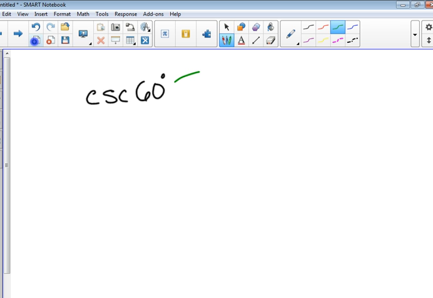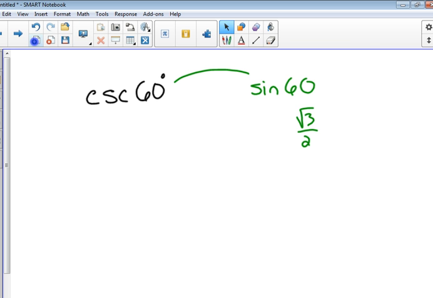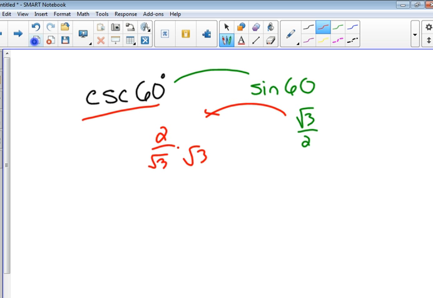So when do you flip? See how this is your reciprocal function? You have to flip whenever you're dealing with those. If it just asks you for sine or cosine, one of the regular 3, there's no flipping. But if it asks you for cosecant, secant, or cotangent, you have to flip. Only those reciprocals you flip. So here you got the sine of 60, which was radical 3 over 2. But because you really want cosecant, you have to flip and rationalize. So you get 2 radical 3 over 3.